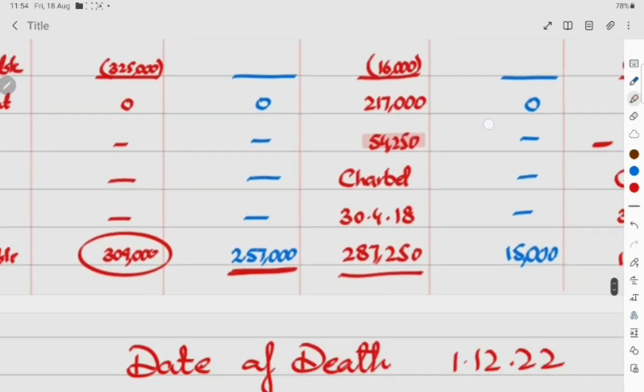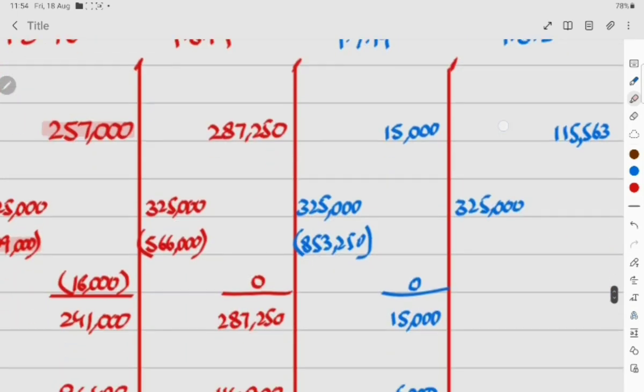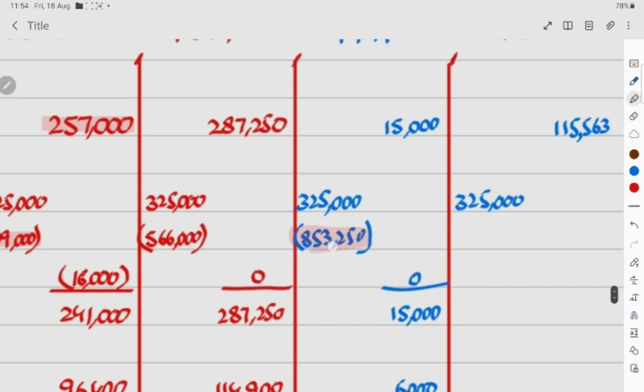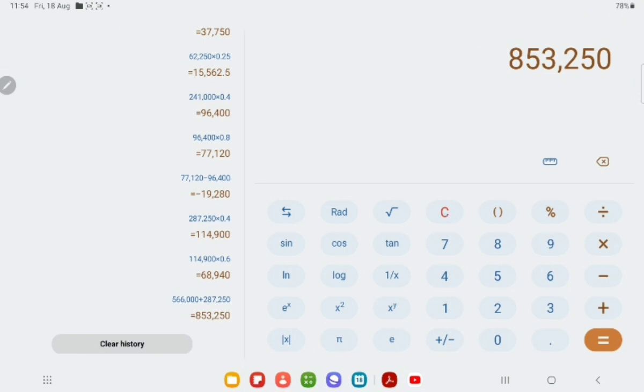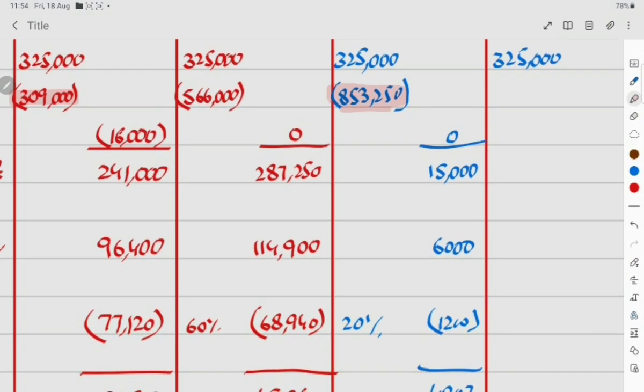So 8,53,000 is the nil rate band already we have considered as utilized. So deduct 3,09,000 from this and add 15,000. So it will be 5,59,250. Again 5,59,250 means that there is no nil rate band available.